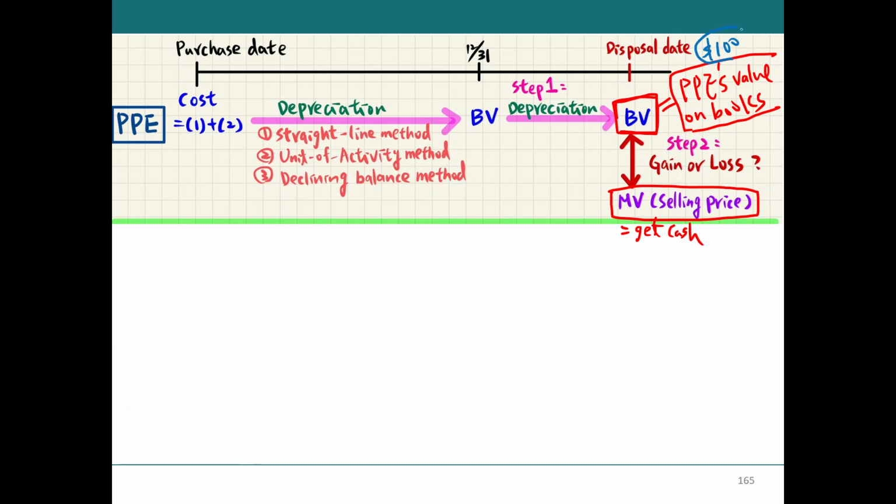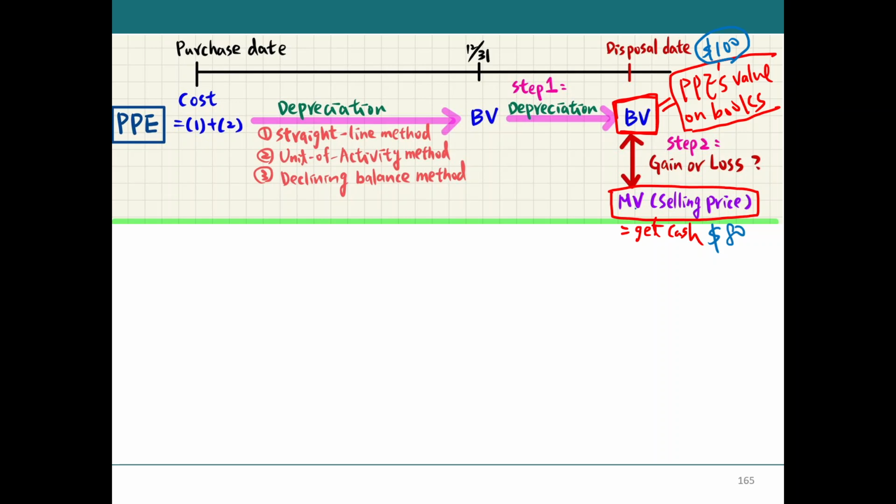For example, you got the cash 80. So what does it mean? On your accounting book told you your PPE's value $100, but for $100 PPE, you sell it, only get cash 80. So this transaction is your loss $20, right?